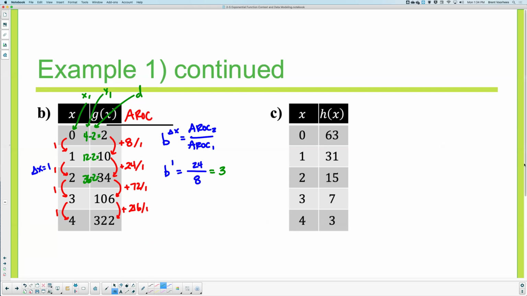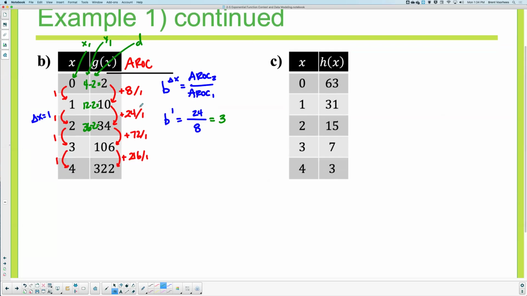Okay, so let's plug in our equation. They use a g of x. So it'd be g of x equals what? You tell me. What comes first in an exponential? The y1, which is 4 times our base.